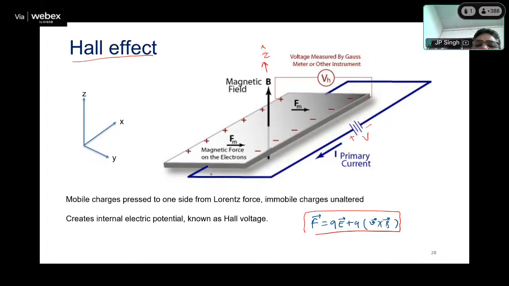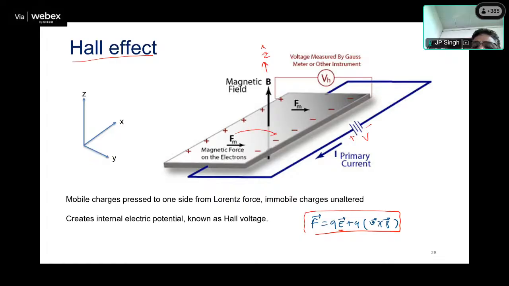Number one, the electric field from the voltage V we apply across the length of this slab, giving an electric force, and because of the magnetic field there will be a magnetic force. So this is the total force applied there, and because of that the charges will get deflected.